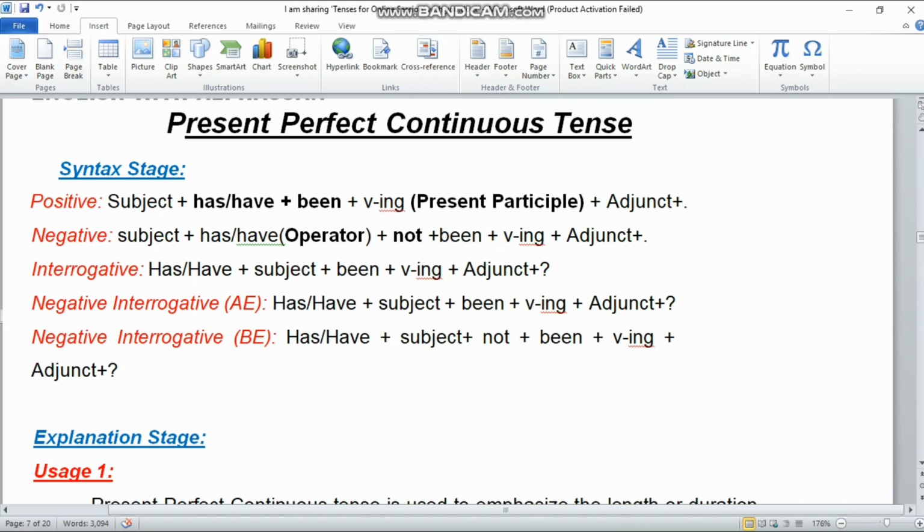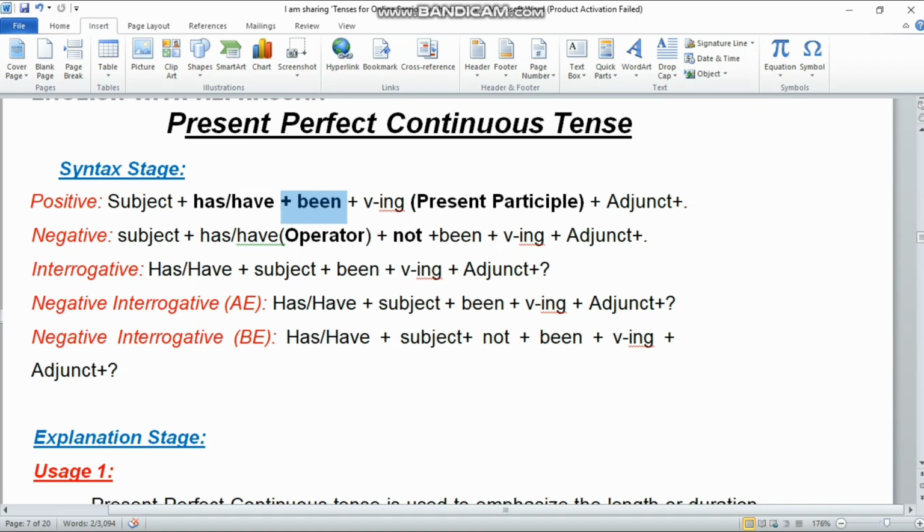First, we have to go through the syntax stage where we are going to talk about particular structures for this perfect continuous tense. The positive structure appears as having the subject in the beginning, followed by has or have, the auxiliaries. And then there needs to be been, which is the third form of the to be verb.